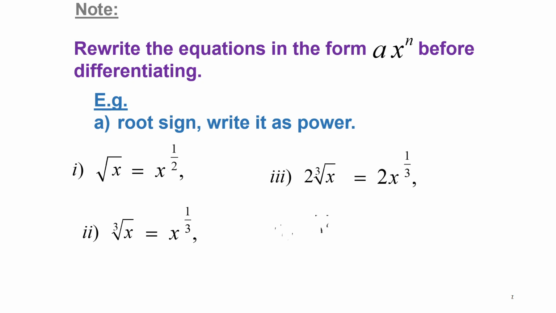This is same as 2 times x power 1/3, because this portion here will be written as x power 1/3, and this 2 gets multiplied here. And this is the general form, b-th root of x power a. So what happens here, x is power a over b. So whatever number you have here goes in the denominator, whatever number you have here goes in the numerator.